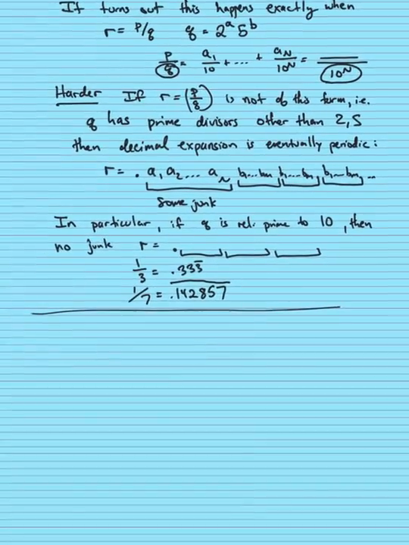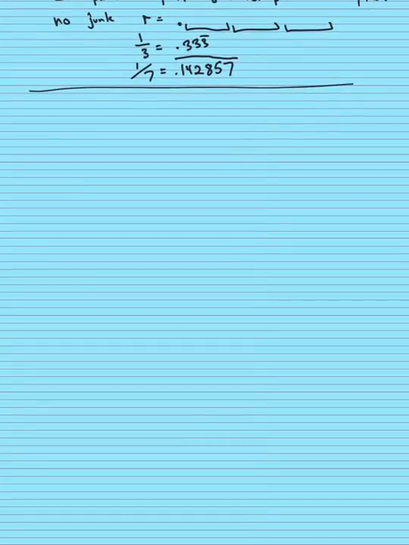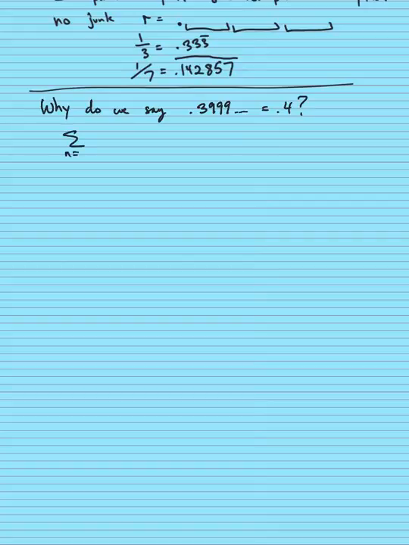Finally, I just wanted to end with one more thing, which is why do we say that, say, 0.3999 repeating is equal to 0.4, or anytime you have an expression ending in all nines, there's this non-uniqueness of decimal expansions. Well, this really just comes from the fact that the sum from n equals 1 to infinity of 9 over 10 to the n is equal to 1.